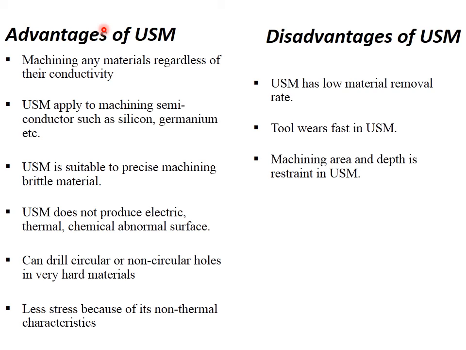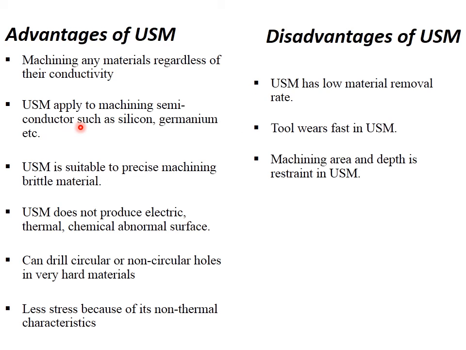We can cut only conductive material using EDM wire cut. But if I want to cut rubber, ceramic or glass, it's difficult. It's almost impossible on EDM wire cut. So USM can take care of all materials irrespective of their electrical or thermal conductivity.